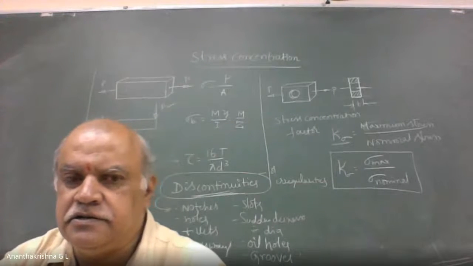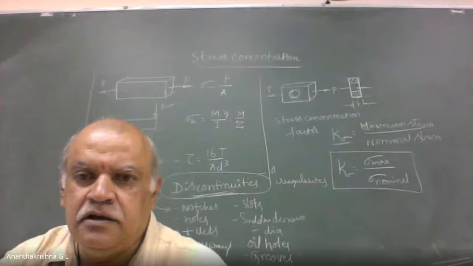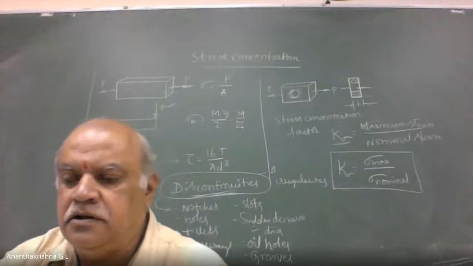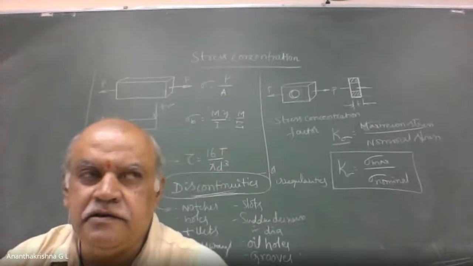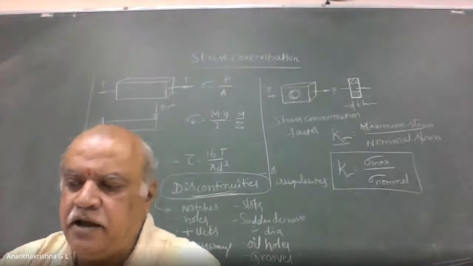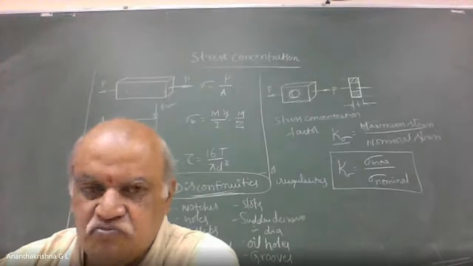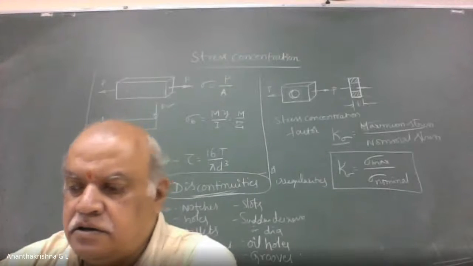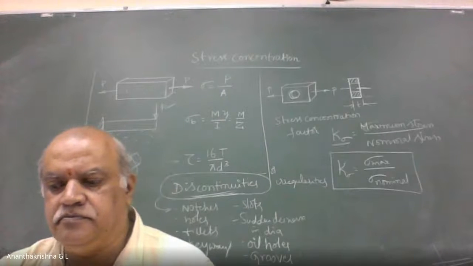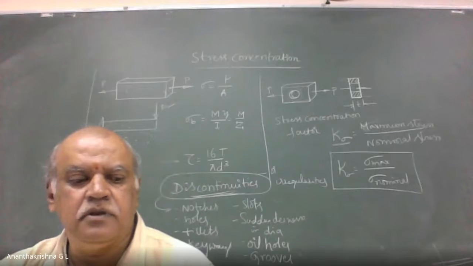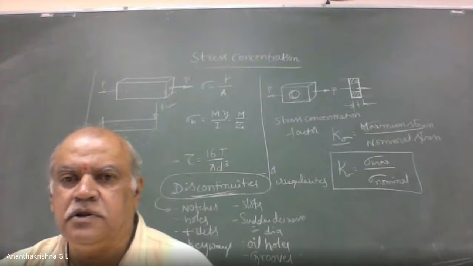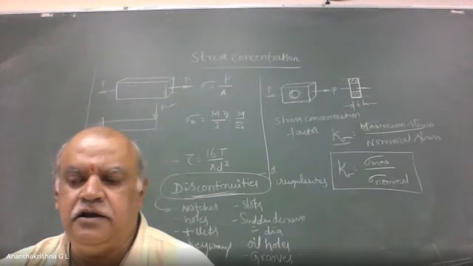What are those elementary equations? Sigma equal to P by A, sigma B is equal to M by Z, and tau is equal to 16T by pi d cube. Note down that tau is equal to 16T by pi d cube. Next line.